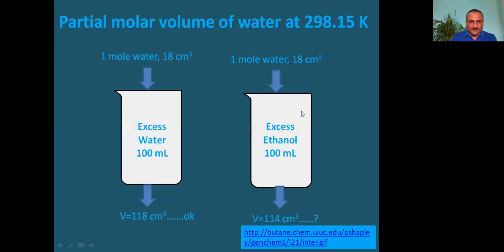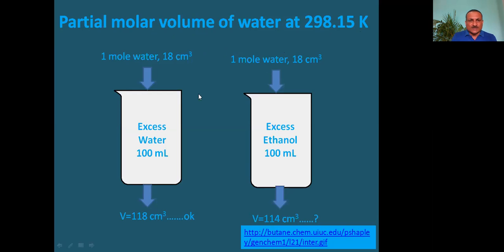Here I have considered a simple example for understanding the concept of partial molar volume. As we know, volume is a measurable property, so let us consider the partial molar volume of water at 298.15 Kelvin, that is at 25 degrees Celsius.